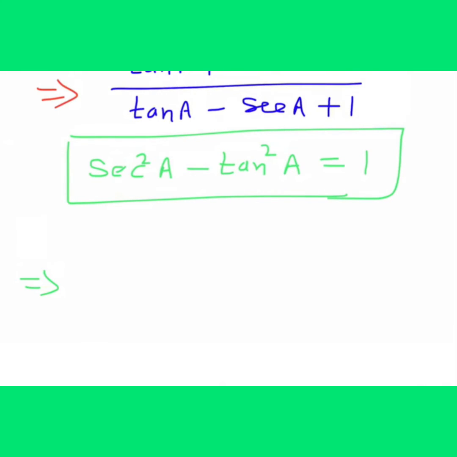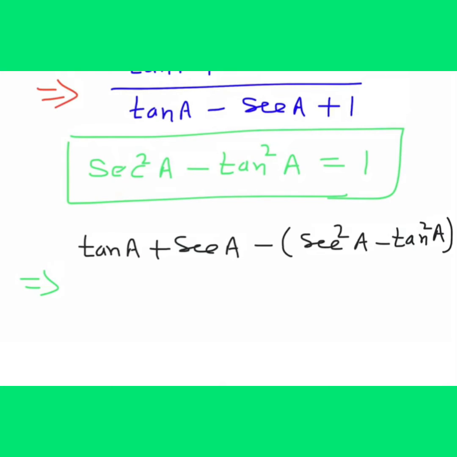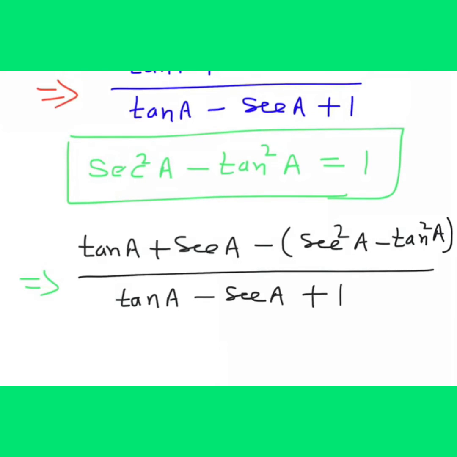We will get here tan A plus sec A and minus, in place of 1 we will write sec square A minus tan square A. After that the denominator we will write same to same, no change, that is tan A minus sec A and plus 1.